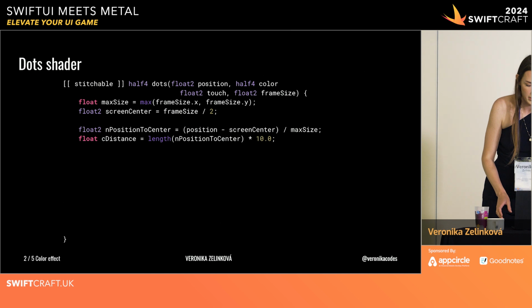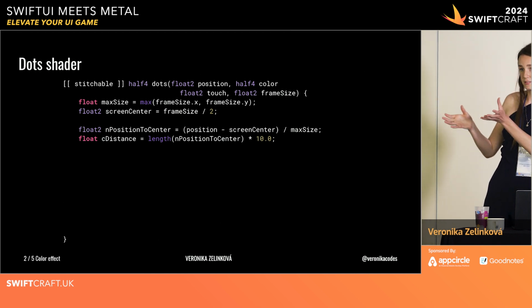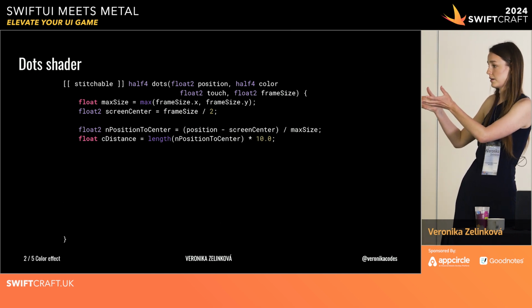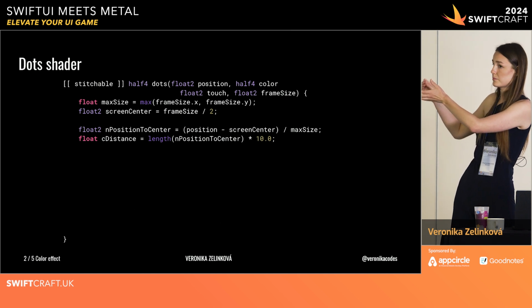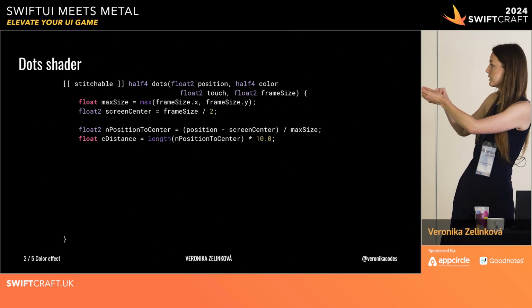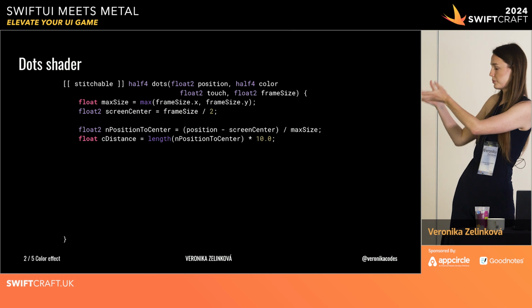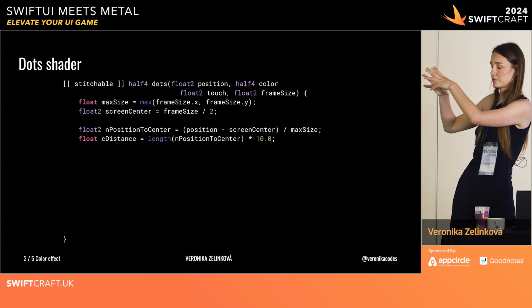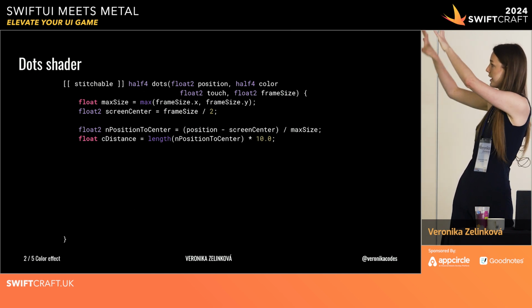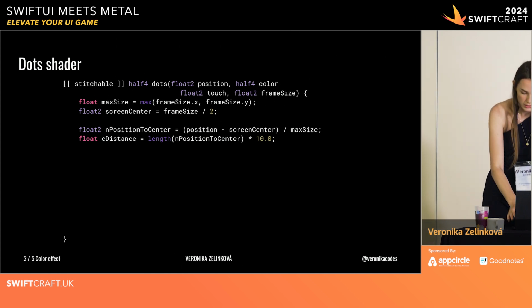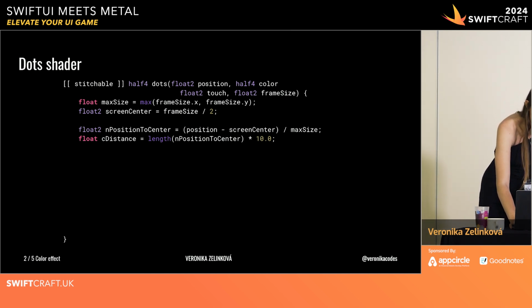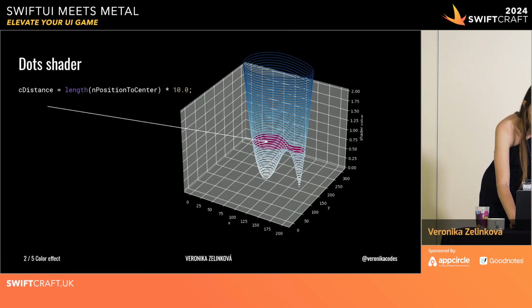If I would now just draw out the C distance, and check where the C distance is smaller than 1, and draw purple there, it would give me a purple dot in the screen center, and if I color all the other pixels black, I would get just a purple dot in the screen center. Yes, this one.